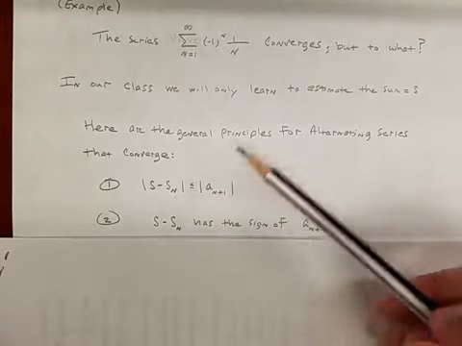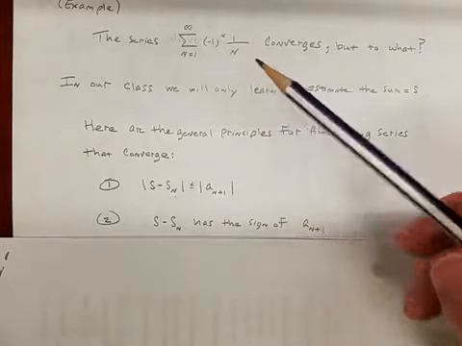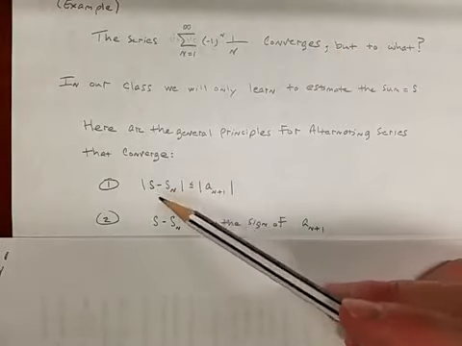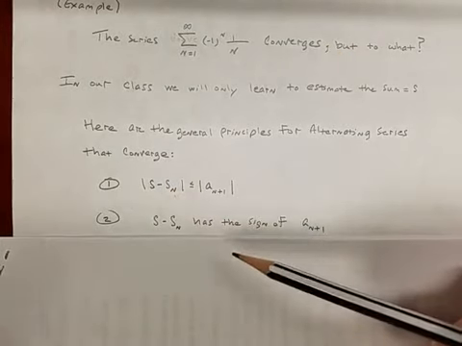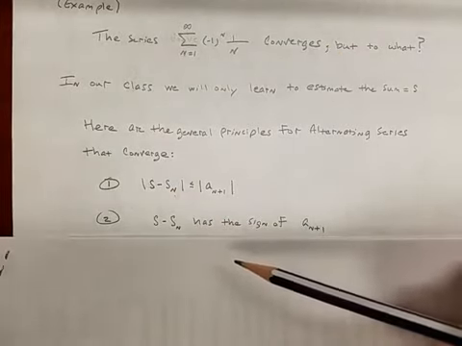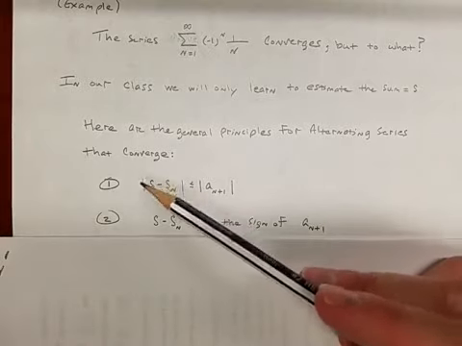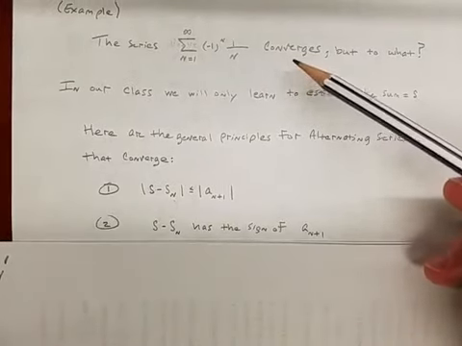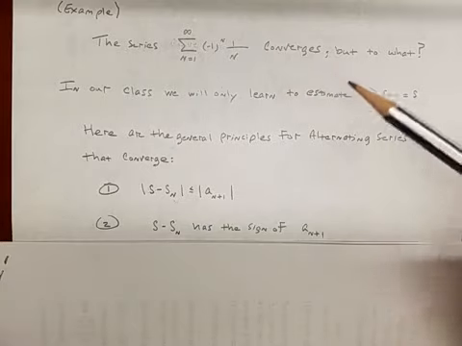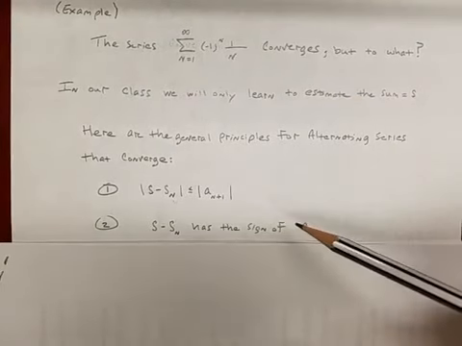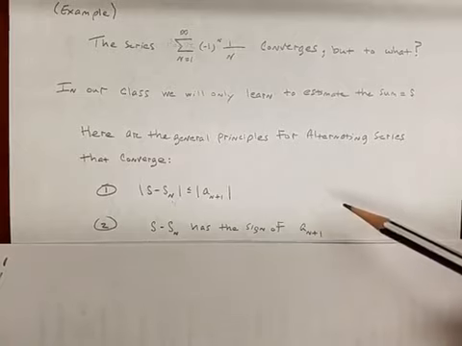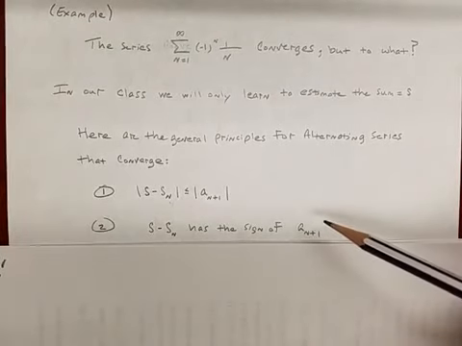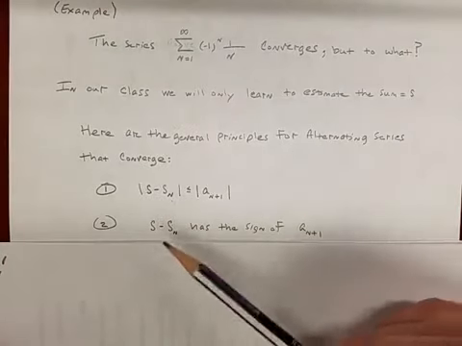The other thing, with alternating series, because the signs change, as you compute the partial sum, it turns out you're either too high or too low every time. You never quite get to S. The more terms you add, the closer you get, but you do that in a way of being, I'm too high, then I'm too low, then I'm too high, and I get closer the whole time, but I'm always off by being too high or too low. So here's the other principle.